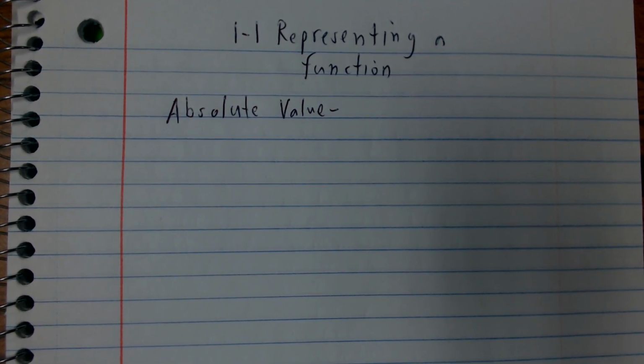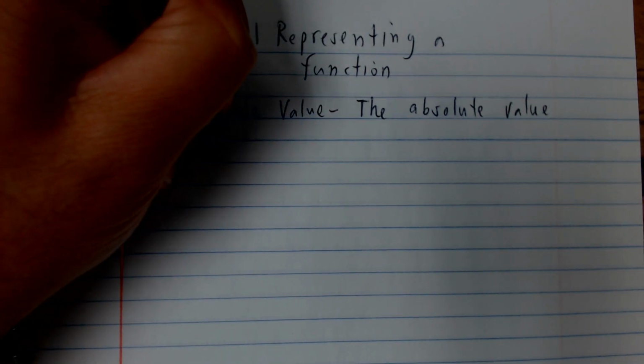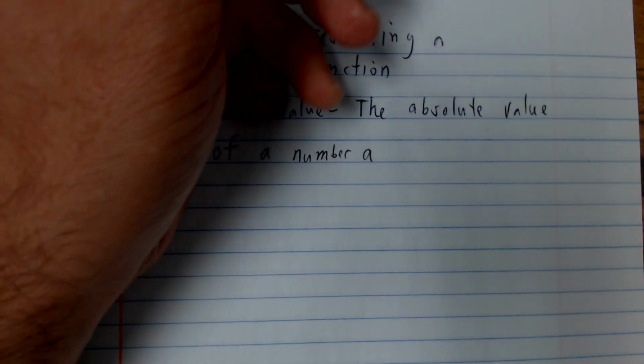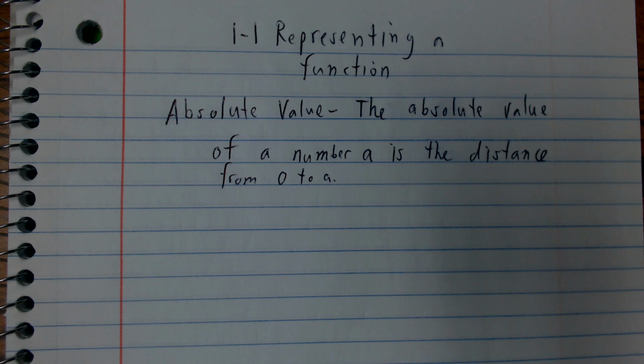Okay, and so just to give you the formal definition of the absolute value, the way we can state it is that the absolute value of a number a is the distance from 0 to a. Okay, and so that's basically nothing new here for us.